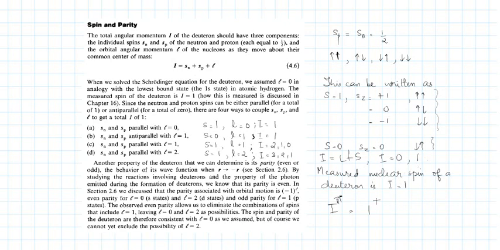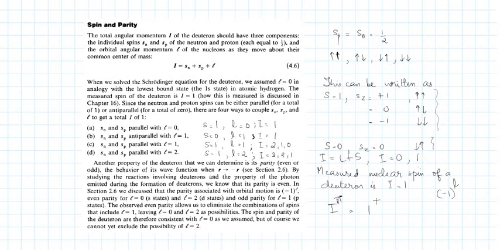Why are we taking only these options? Because we have seen that the measured value of nuclear spin for a deuteron is 1. So we are just listing out the possibilities where we can obtain I equal to 1. Another restriction comes in because the observed parity of a deuteron is always even. And we know that parity is evaluated as minus 1 raised to L, isn't it?